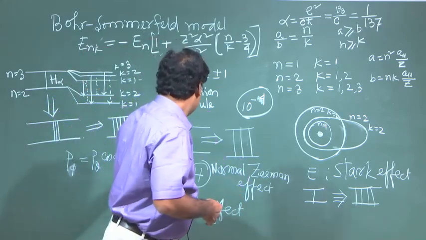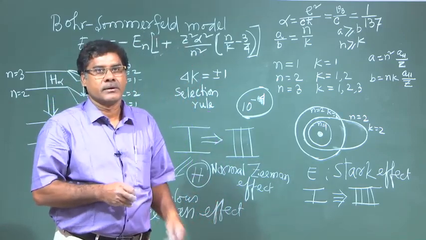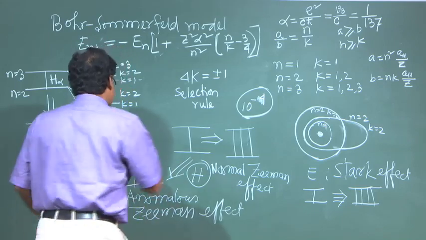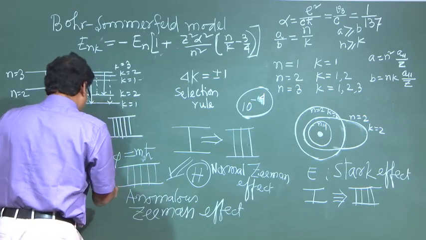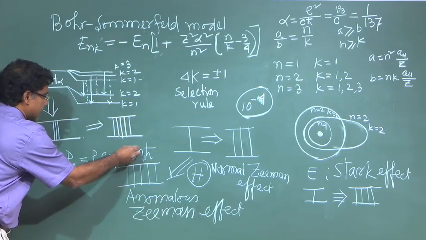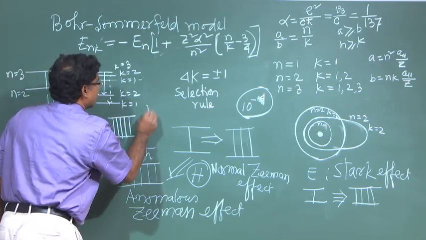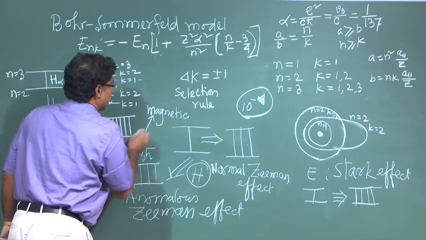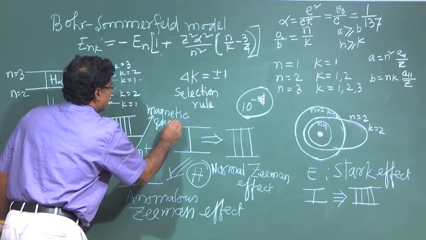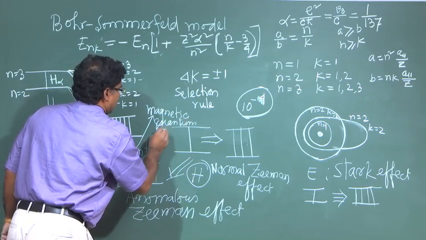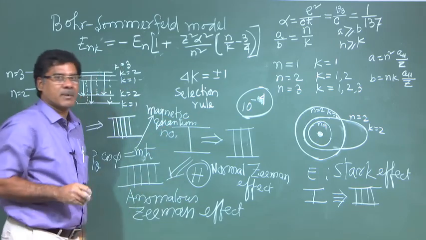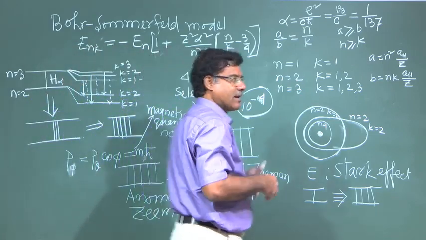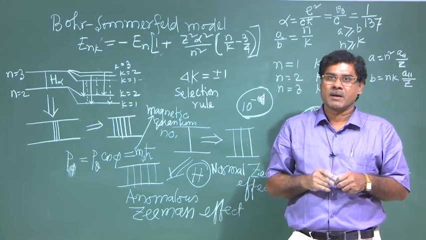So this m is called the magnetic quantum number. Okay, magnetic quantum number.